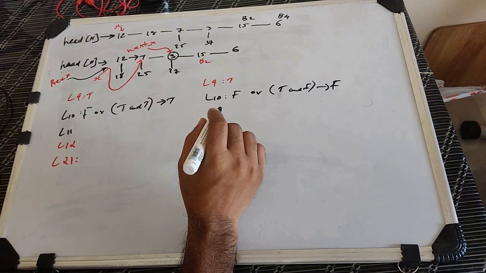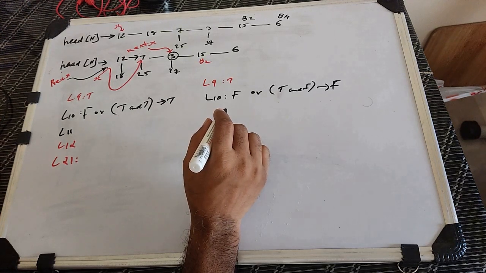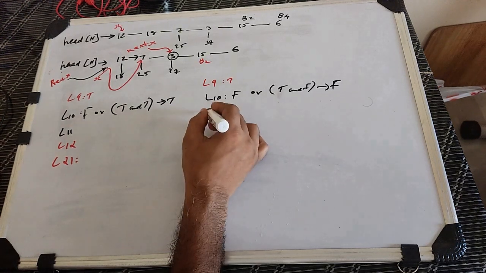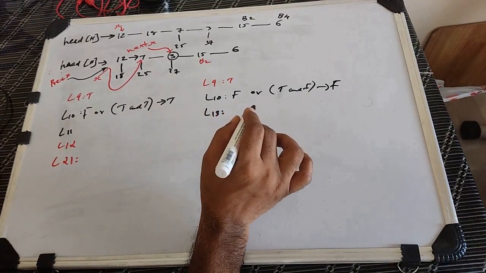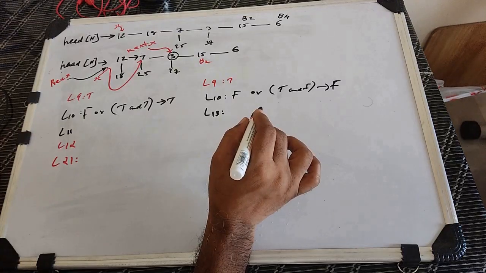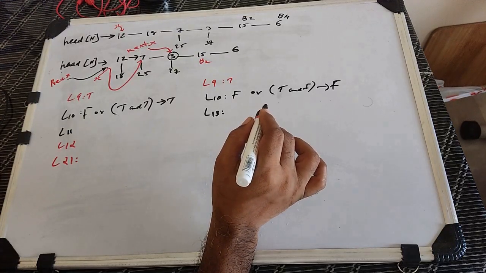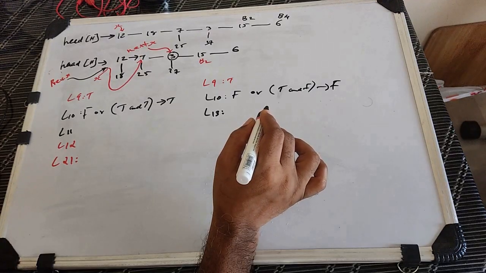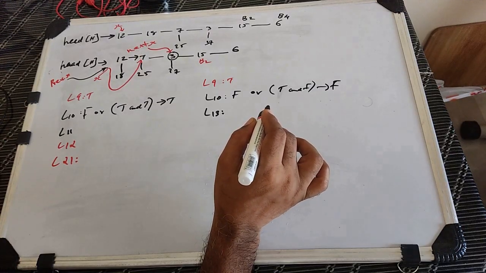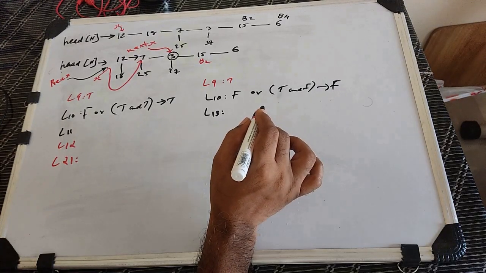So it will be coming to the else part, line number 13. In line number 13, key will be compared. Key of x is 7 and key of next x is 3. So next x is less.